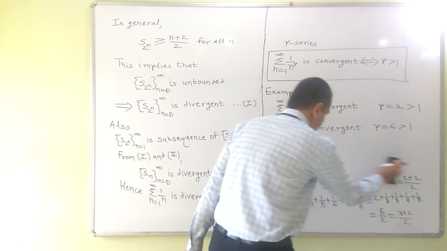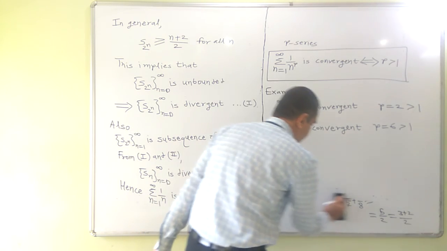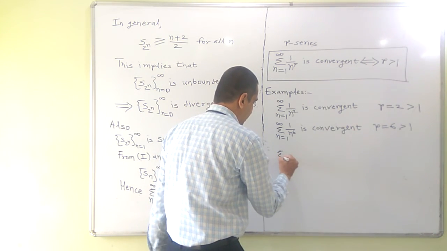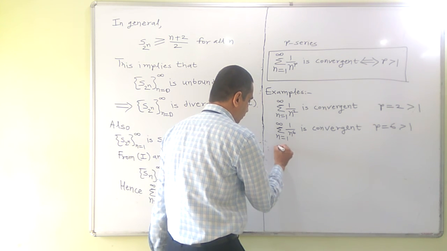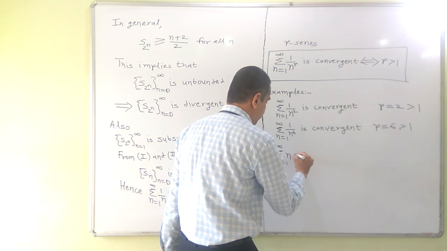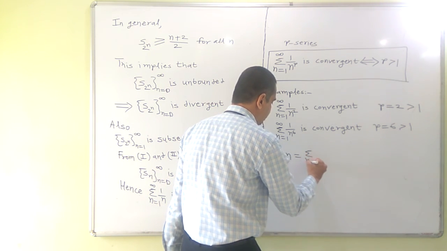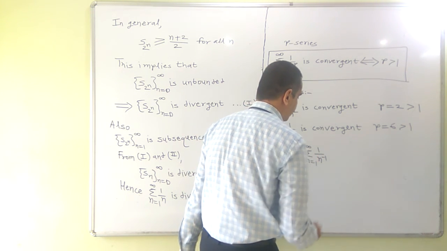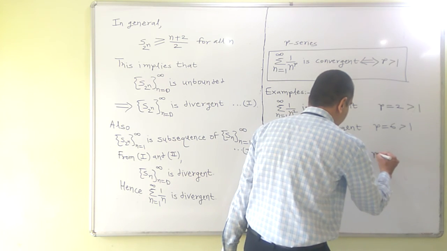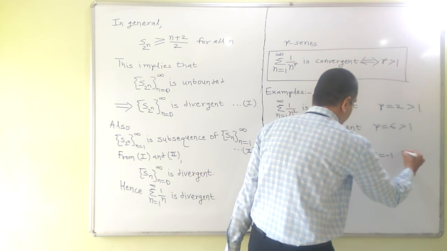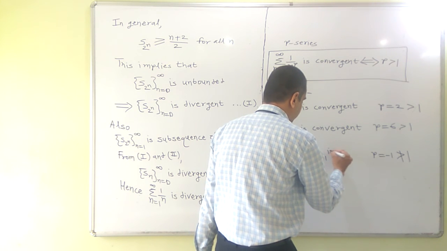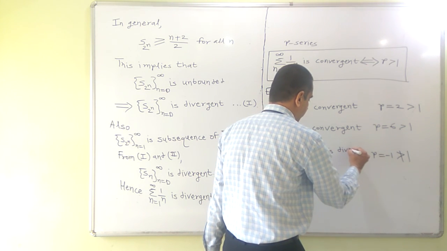Finally, if I take the series n is equal to 1 to infinity n, this I could write as n is equal to 1 to infinity 1 upon n raised to -1. So it is again a P series, but P is equal to -1, which is not greater than 1, hence it is divergent.